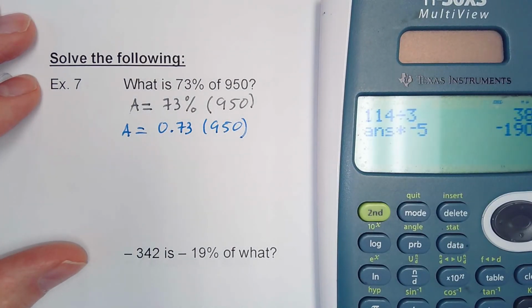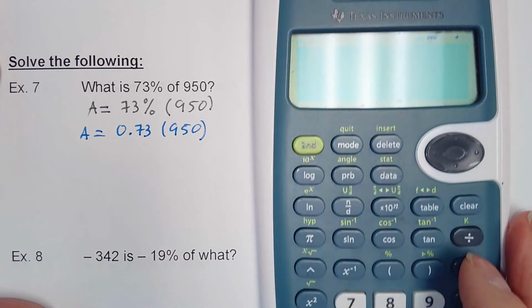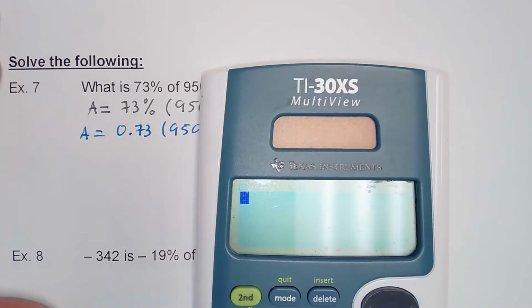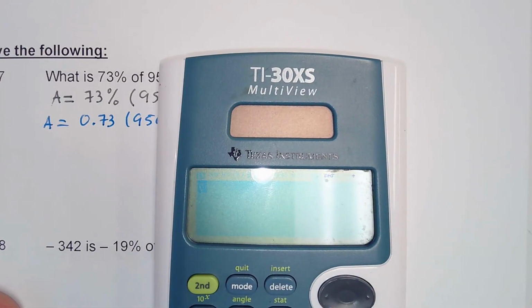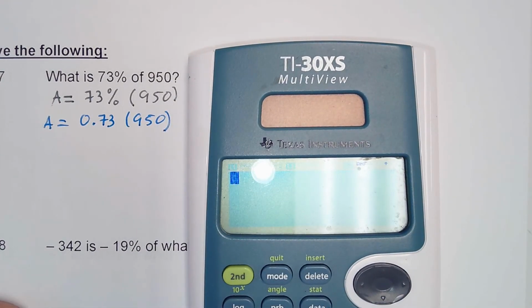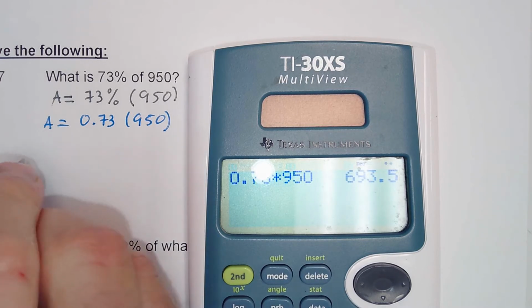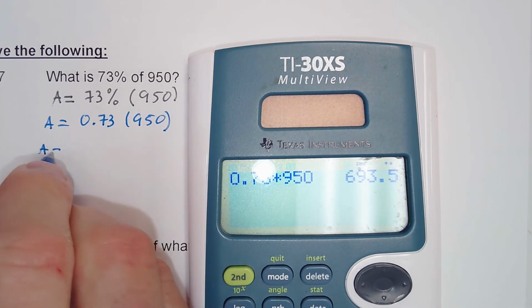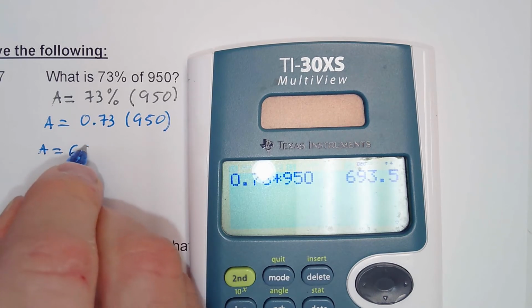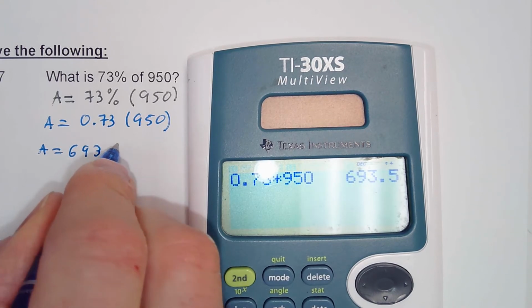So let's crank out our calculator. We're going to take 0.73 times 950. So our A here would be 693.5.